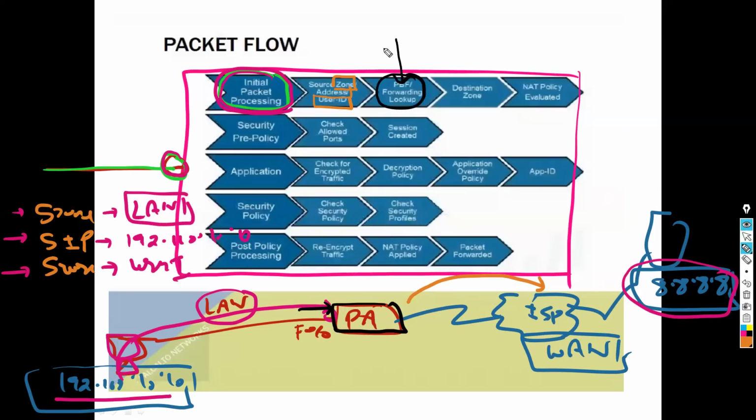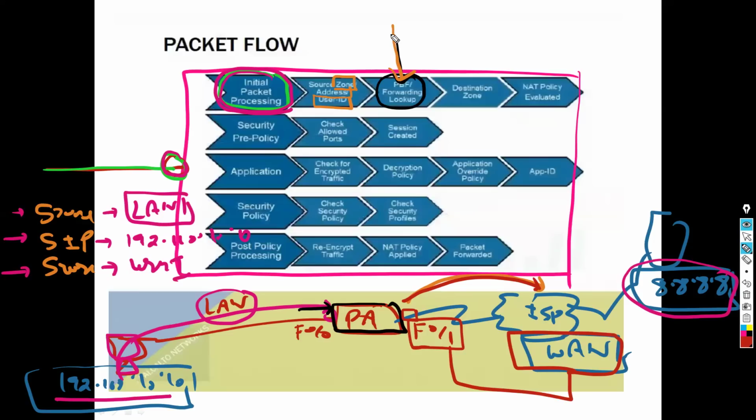So because of the routing table, the firewall can find the egress interface. The firewall can verify, okay, you want to go to 8.8.8.8? Yes, this ISP is the gateway. And to reach 8.8.8.8, this interface, FastEthernet 0/1, is the exit interface. And this exit interface is part of the WAN zone.